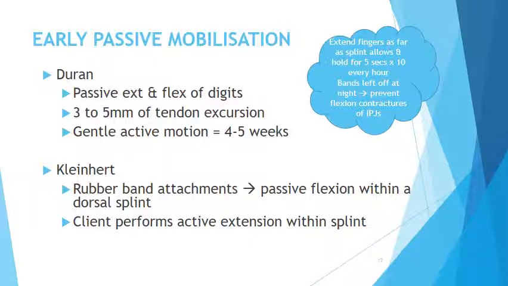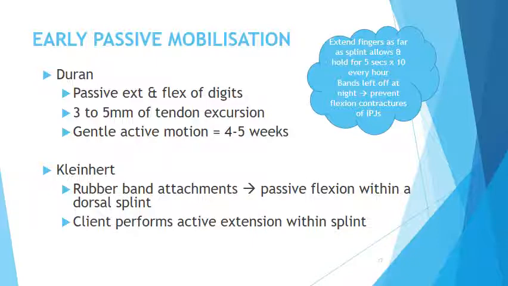And gentle active motion is commenced at 4 to 5 weeks. So it is predominantly passive. It is just that your Duran and Hauser exercise that I will explain to you in a bit.